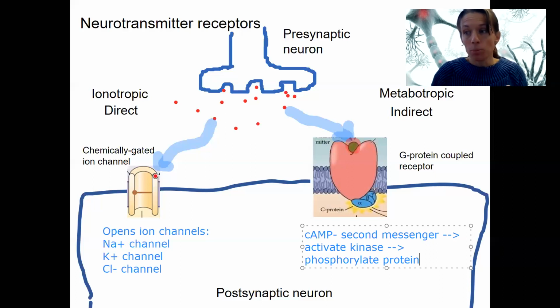Okay, so let's go back to glutamate and GABA and look at those receptors. Because there are these different types of receptors, every neurotransmitter can actually bind to more than one type of receptor. So this makes signaling complicated. Depending on what receptors are present on a cell, you can have different effects.